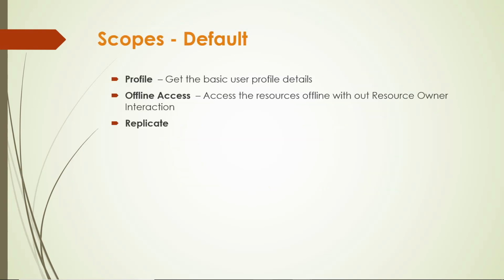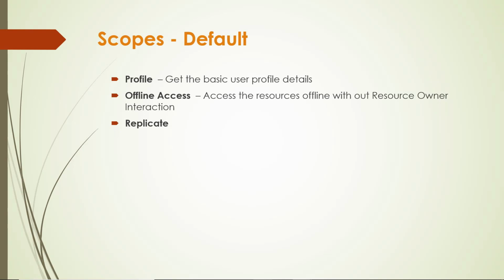Okay, so now the next important component in OAuth is the scope. Scope means what unit of work, or what data, we are exposing to the client. Now in AEM by default, these are all the scopes supported. One is profile. This scope will help you to get the basic user profile detail.